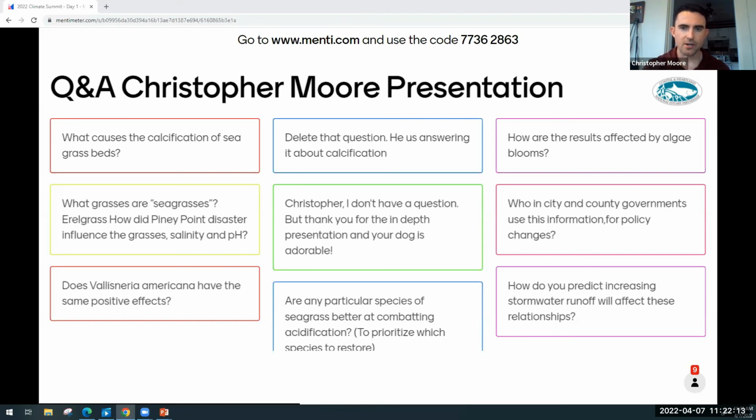How do you predict increasing storm runoff will affect these relationships? In Tampa Bay, there are 4 major rivers that deliver fresh water to the bay. The Little Manatee and the Manatee rivers are the ones that affect the monitoring location, but in fact, the Hillsborough and the Alafia rivers deliver much more water to Tampa Bay.